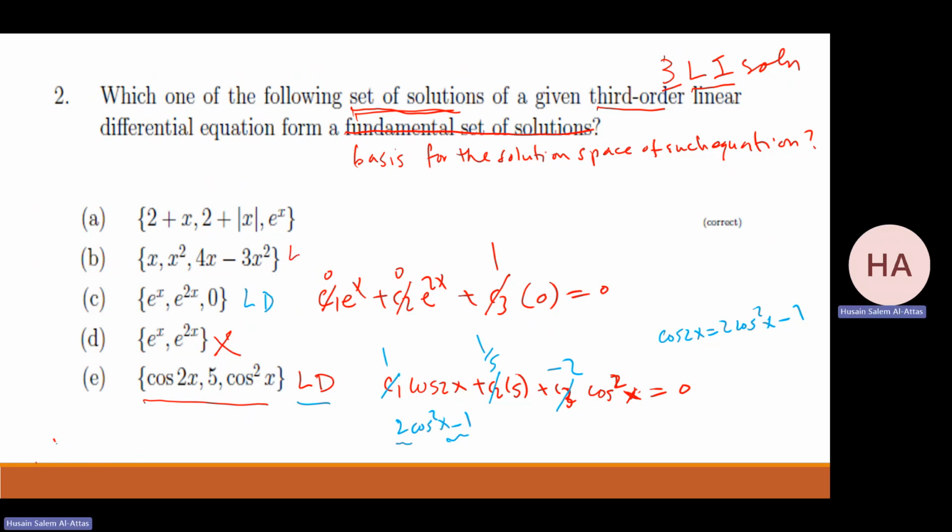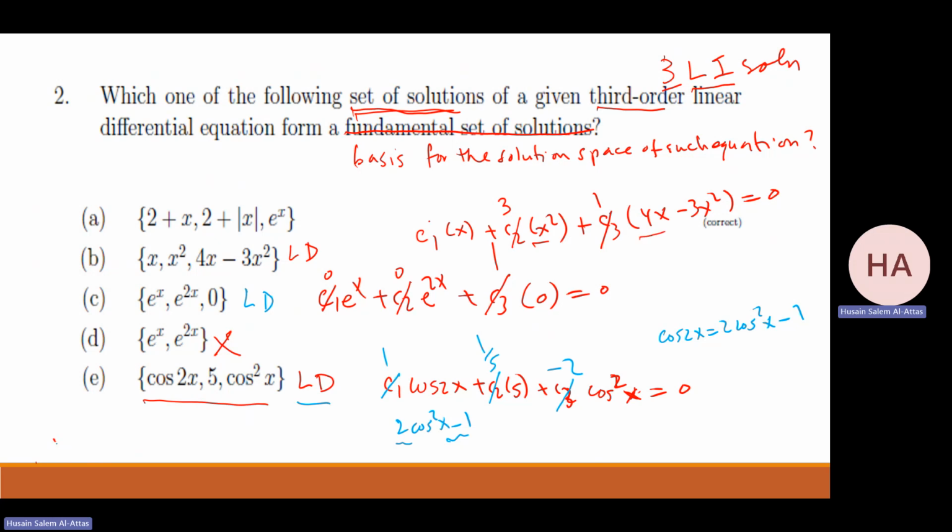For part B, also this is linearly dependent. Why? I think this is very easy. C1 times x plus C2 times x squared plus C3 times 4x minus 3x squared equals 0. For the x squared, I have minus 3x squared, so I'll make C3 1 and C2 3.